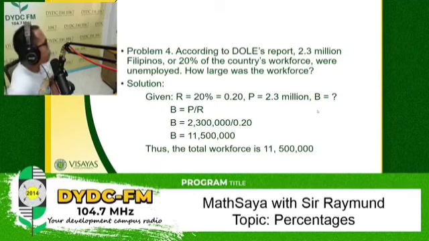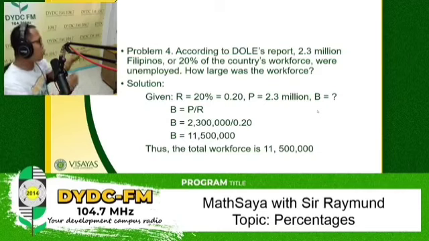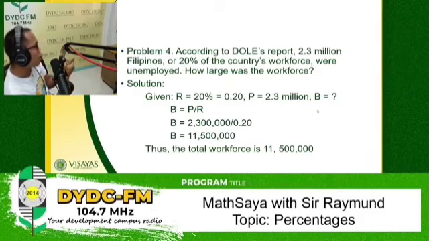Okay? How to check? Imo lang i-minus ang 11.5 million minus 2.3 million. This should be 80%. Kay naa man kay 20% sa country nga unemployed.